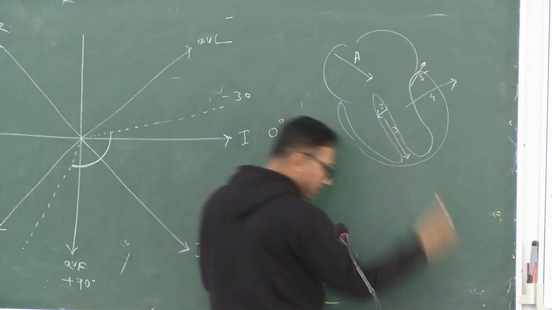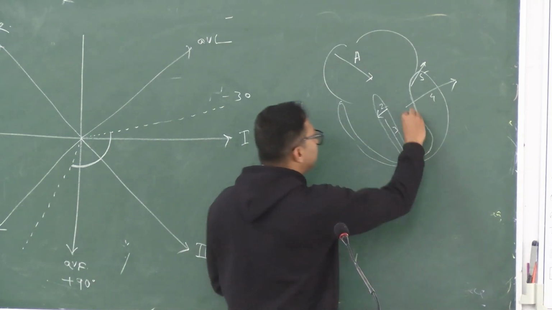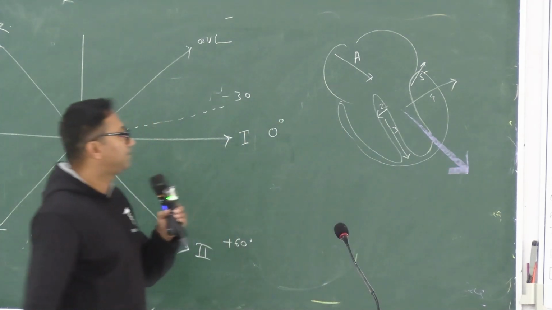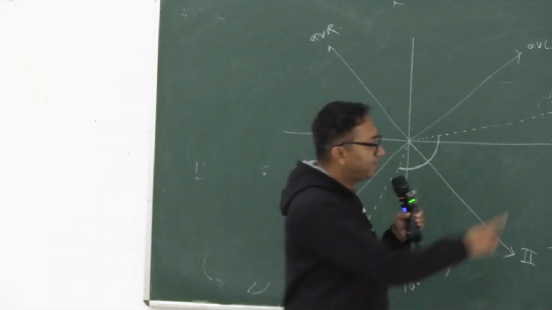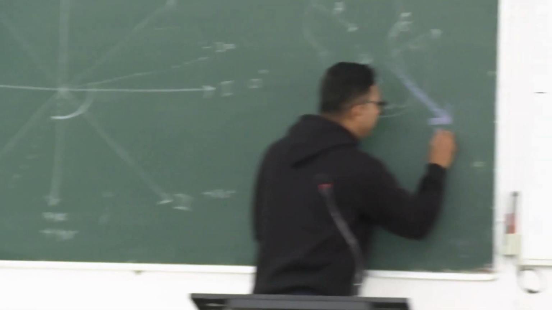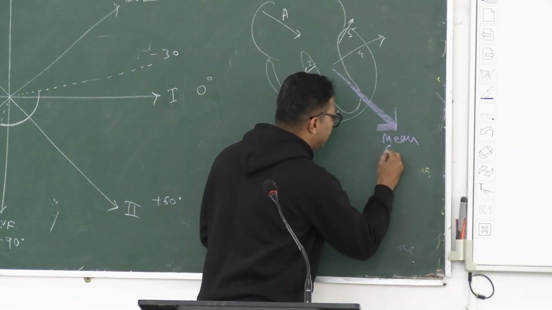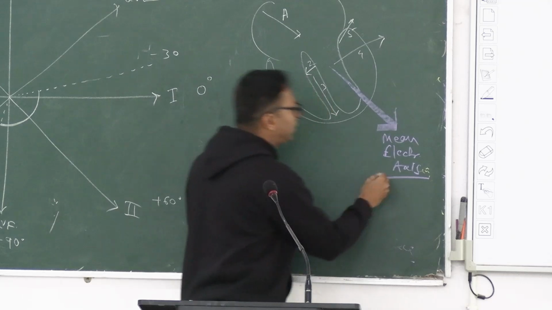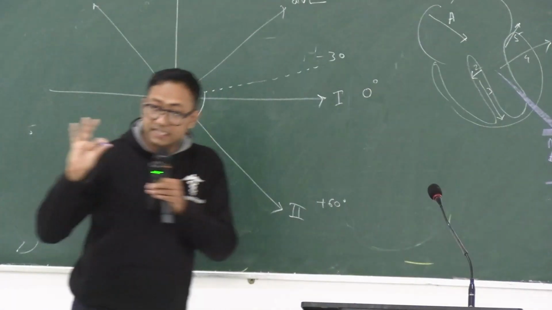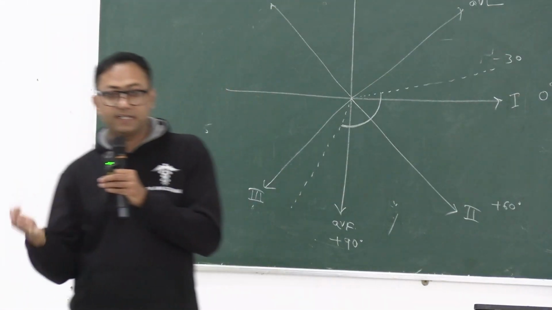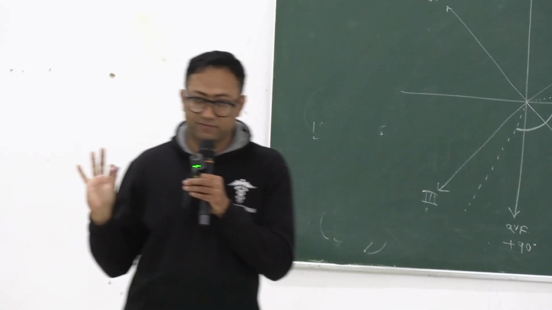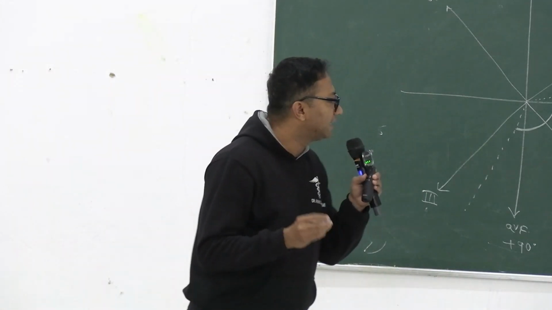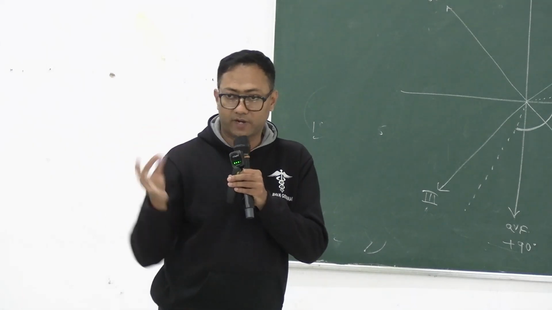This resultant vector is called the mean electrical axis, the resultant of 2, 3, 4 and 5.